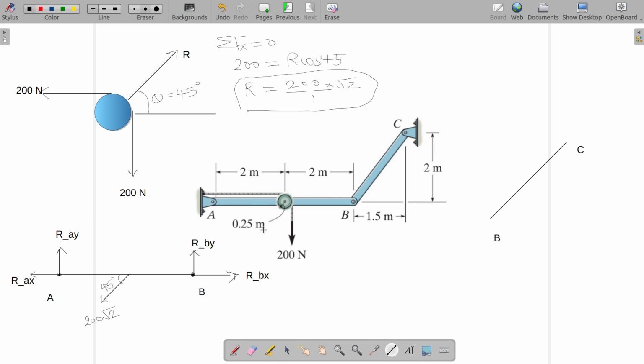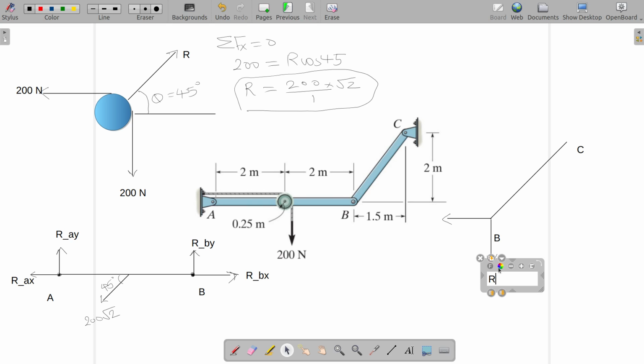So the force by BC on AB in vertical direction is RBY. So the Newton pair component should have the opposite direction. I will explain this in a minute.